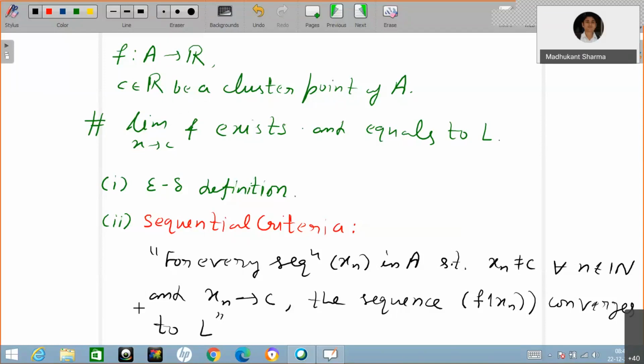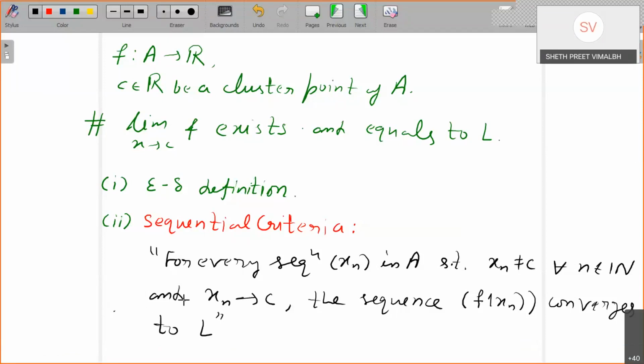No, f may or may not exist at C. The limit may or may not exist, and C should belong to A or not here?